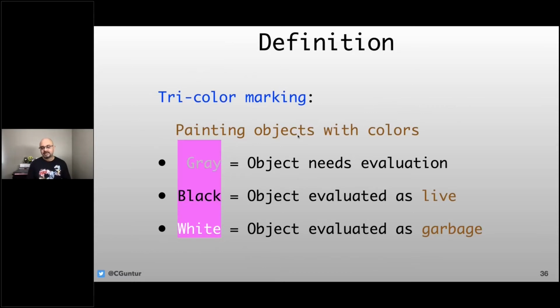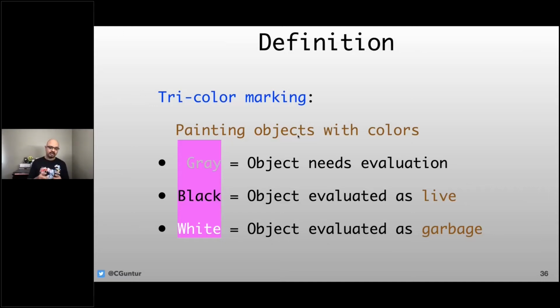Tricolor marking is something very interesting. This is something that is not taught often, but you basically paint objects with colors. Now, this is just a visual representation of painting. You don't really go paint anything, but imagine that an object can have 3 colors associated with it. You mark an object as gray to begin its evaluation process, saying, I don't know if this object is live or dead.